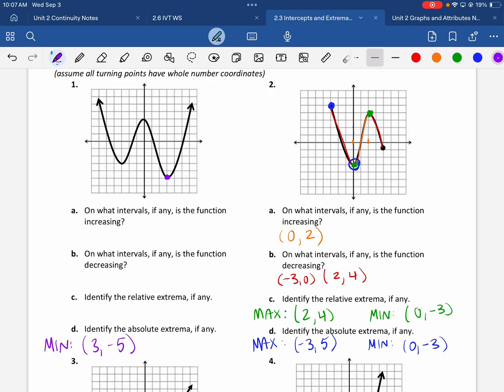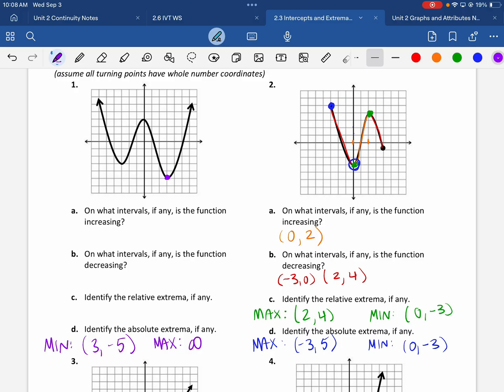So right here is the absolute minimum, it's the lowest point it goes to. What's the absolute maximum? Infinity. Or you don't even have to write it, because technically infinity doesn't exist. If you want to write infinity, you can. I don't think I wrote infinity on the key. So if it's missing something, it just means it's going to infinity or negative infinity. Does that make sense?